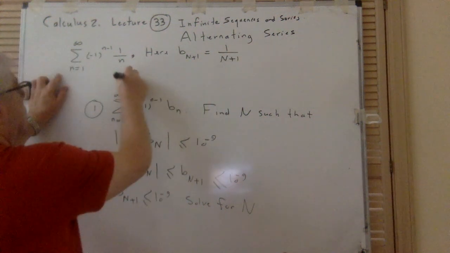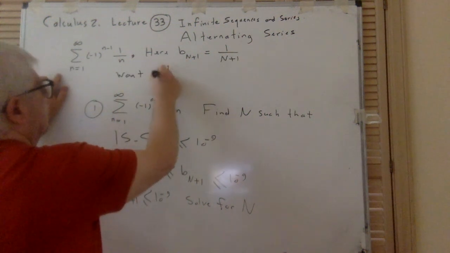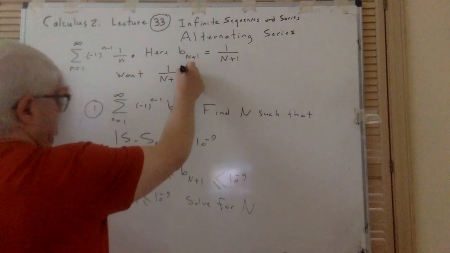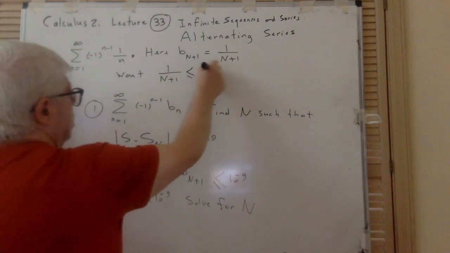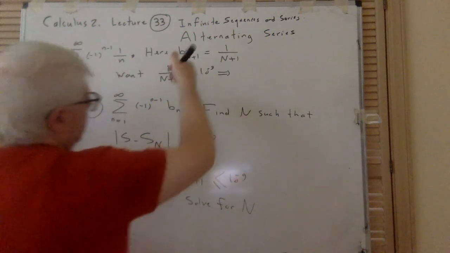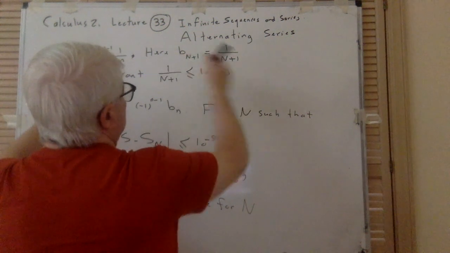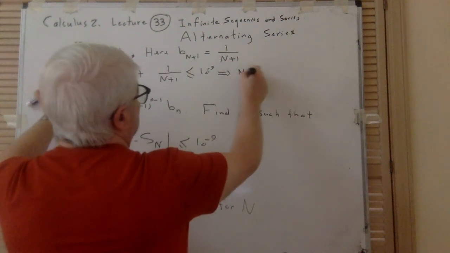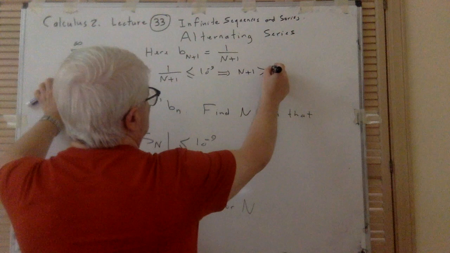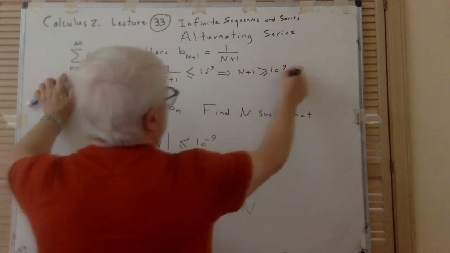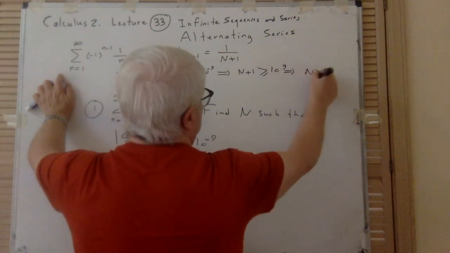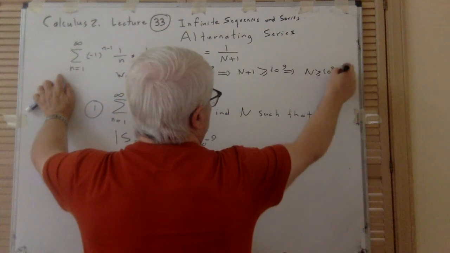So we want 1 over n plus 1 to be smaller than 10 to the power negative 9. So if I flip this, n plus 1 should be bigger than or equal to 10 to the power 9. And this gives me n should be bigger than 10 to the power 9 minus 1.